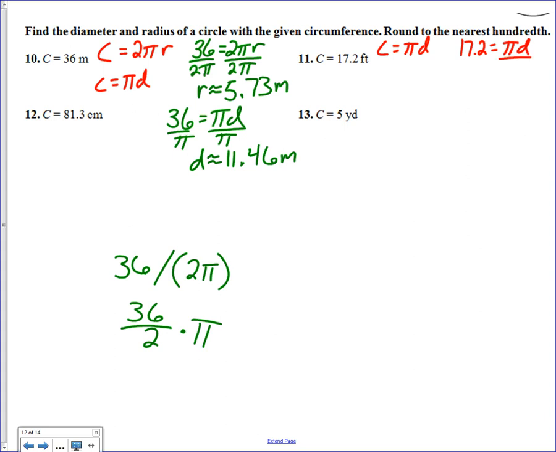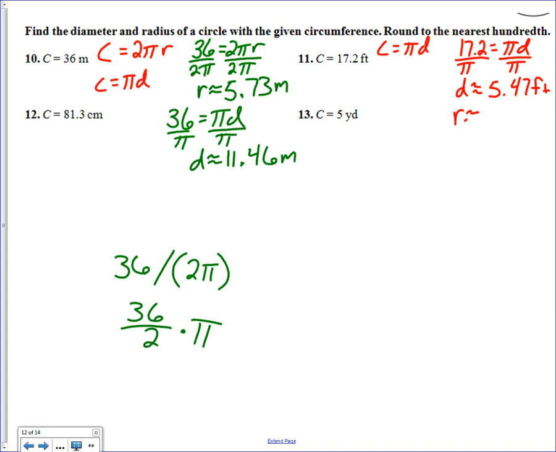Why do I pick the diameter first? Because all I have to do is divide by pi, which is slightly easier than dividing by 2 pi. You can't make the mistake that we talked about a minute ago. We take 17.2 divided by pi, and we get that the diameter is about 5.47, and we're in feet.